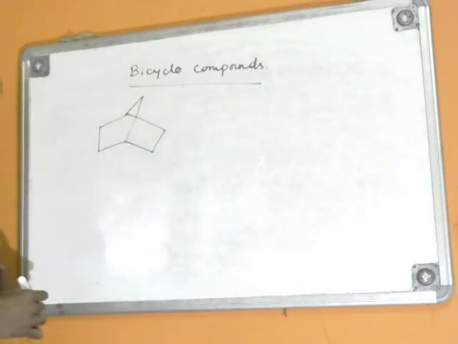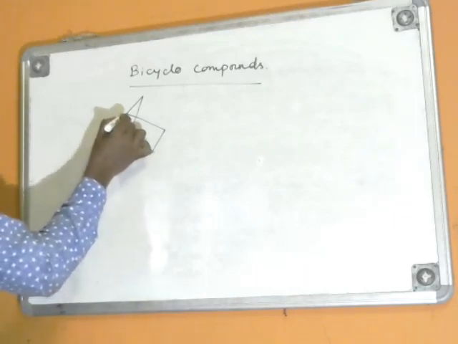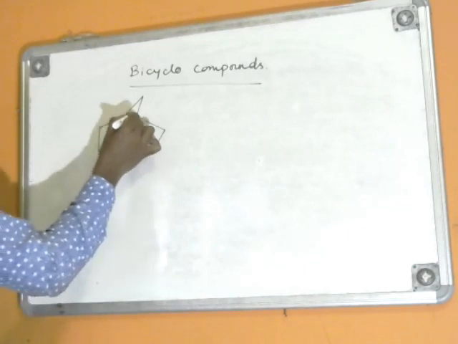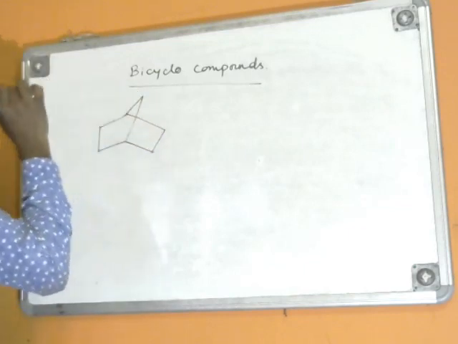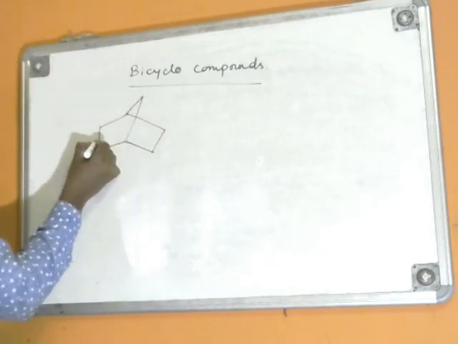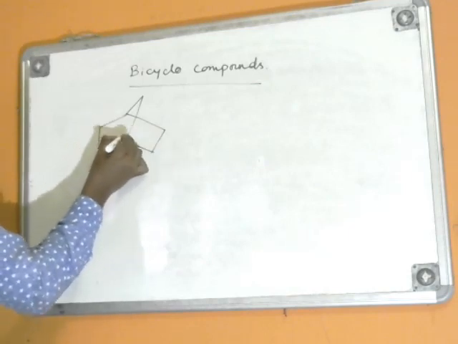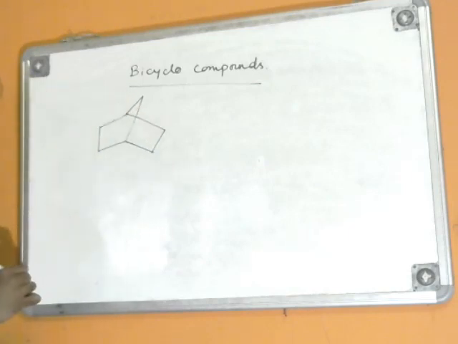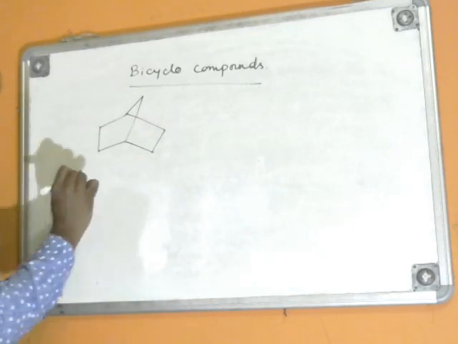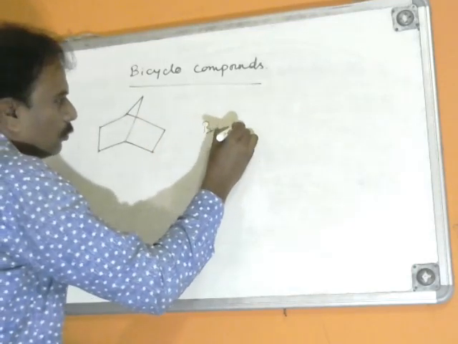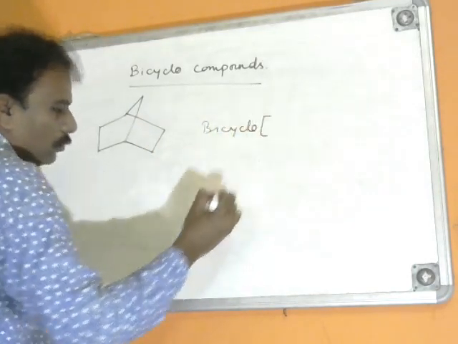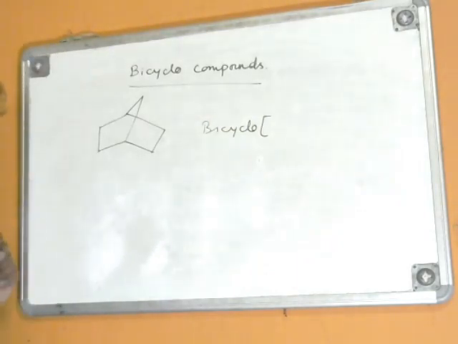This is a bicyclo compound. In a bicyclo compound, there are 3 bridges. Look, this is a bridgehead, this is another bridgehead. So there are two bridgeheads, one bridge, two bridge, and three bridge. In that case, the compound name is bicyclo. Now put the bracket and put the numbers.